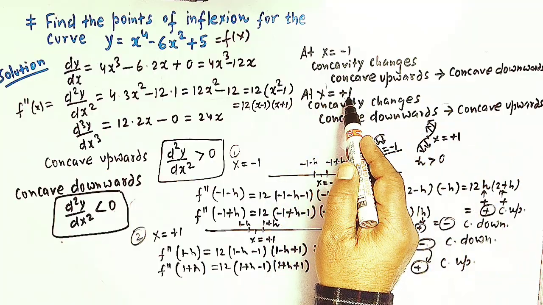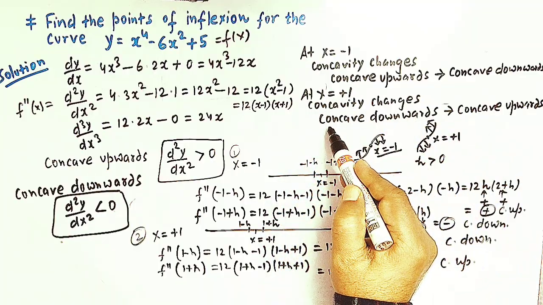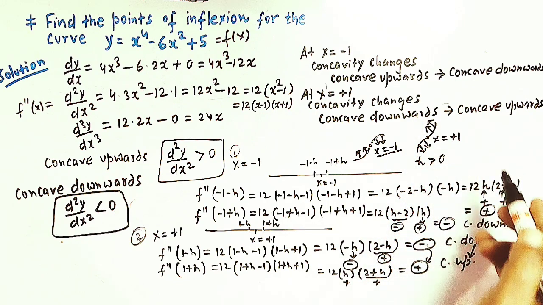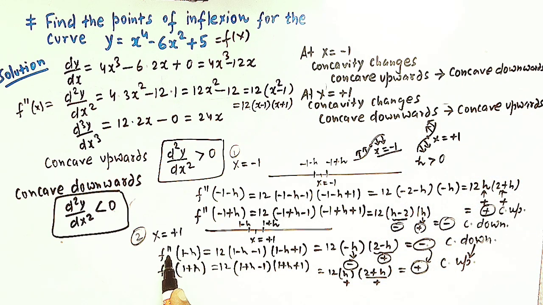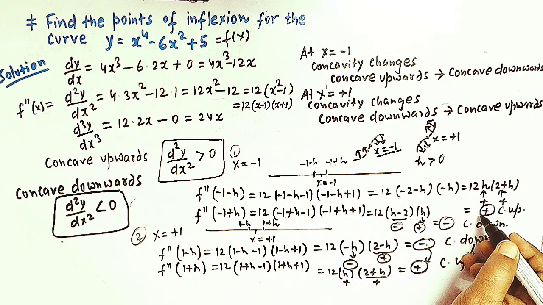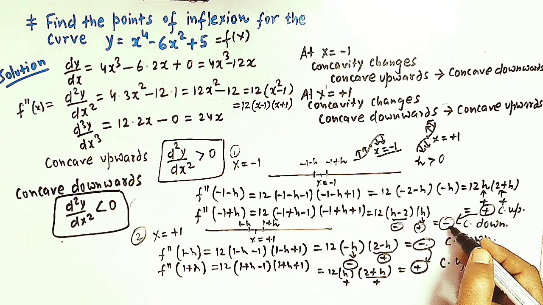So at x is equal to plus 1, the concavity changes from concave downwards to concave upwards, because the sign of the second derivative changes from negative to positive when we move from 1 minus h to 1 plus h through x is equal to 1. And similarly here, at x is equal to minus 1, the sign of the second derivative changes from positive to negative.